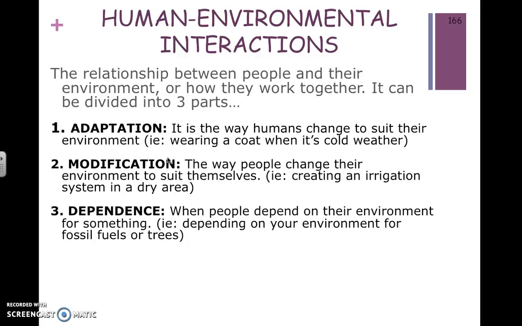We have depended on them for a long time period, and what you're starting to see happen around the world is a shift from being fossil fuel dependent to new alternative green energies or sustainable renewable solutions for energy. So that would be dependence.